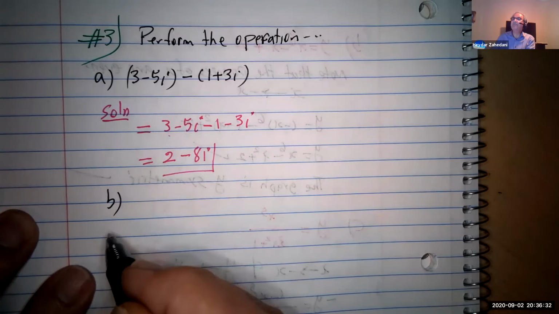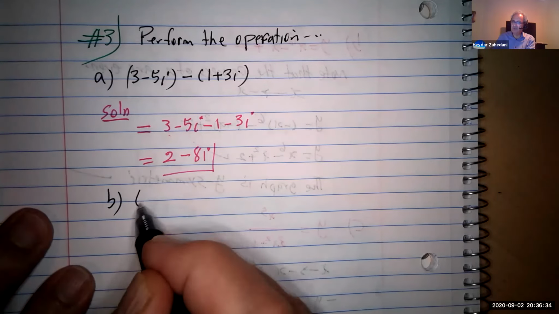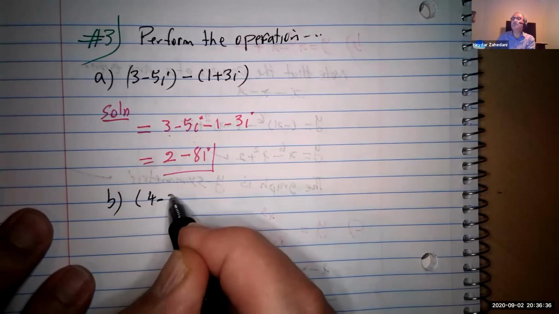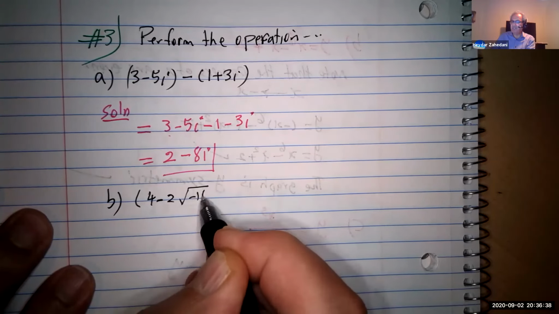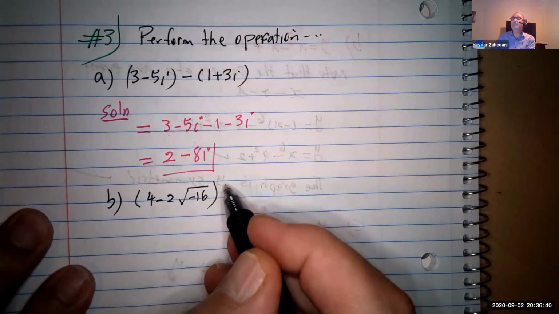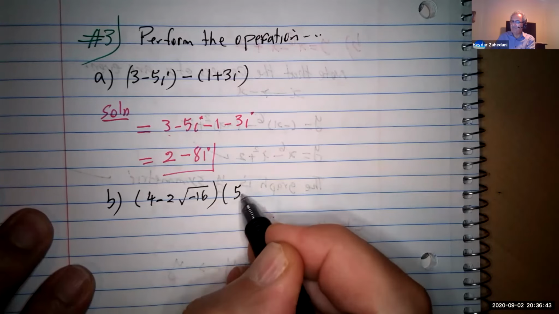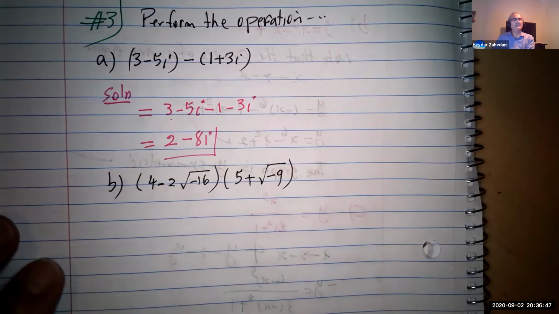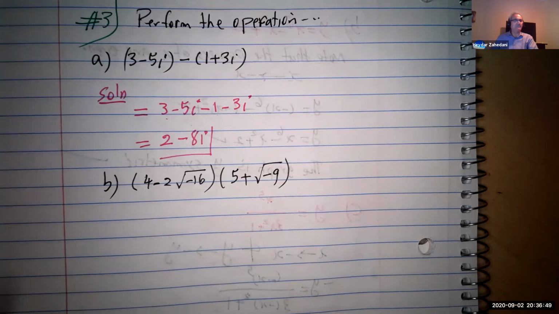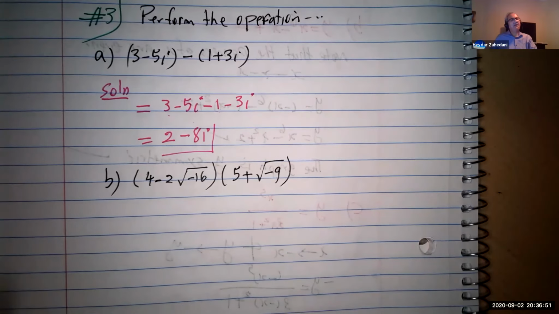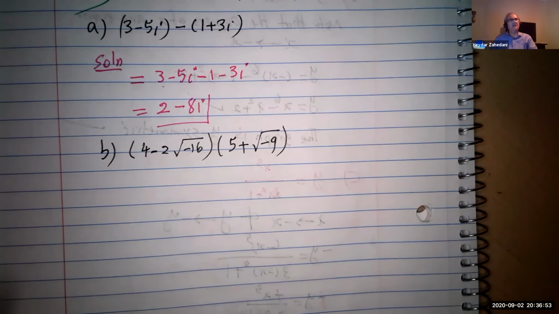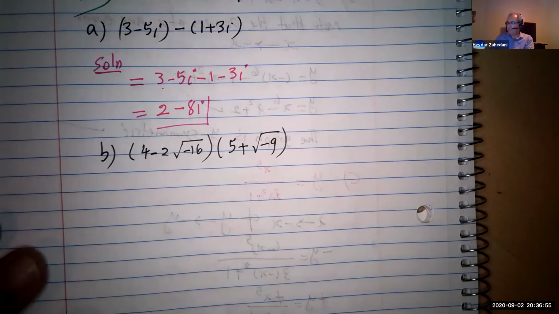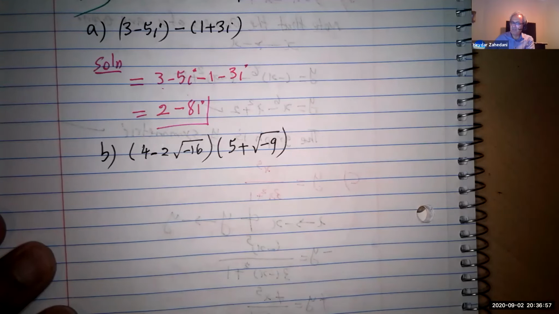Case 2, you may have some extra things to do. It's (4 minus 2 radical negative 16) times (5 plus radical negative 9). You see, the square root of a negative number doesn't make sense, so you have to switch them first to i and then do the operation.